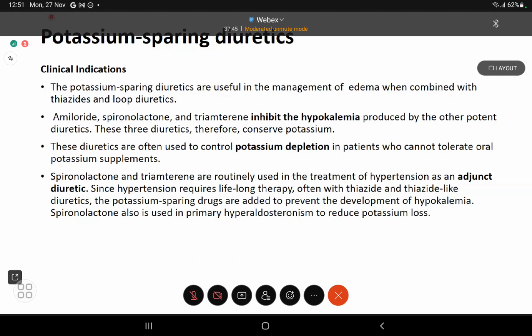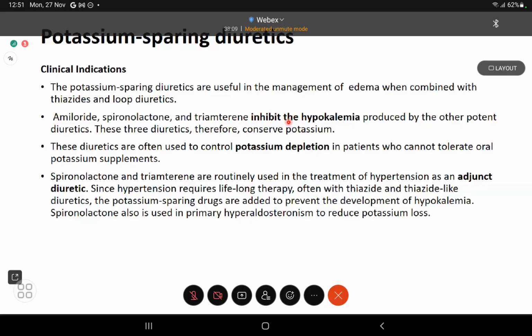So another group of diuretics we're going to study is the potassium sparing diuretics. The members are amiloride, spironolactone, and triamterene.